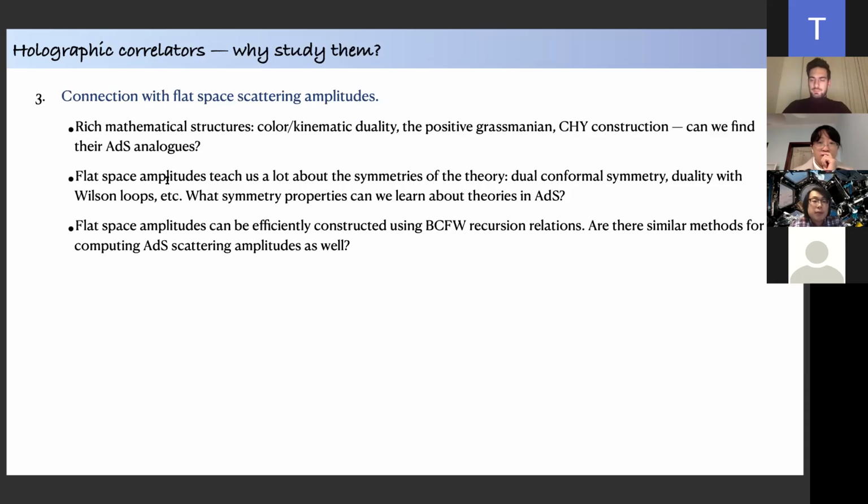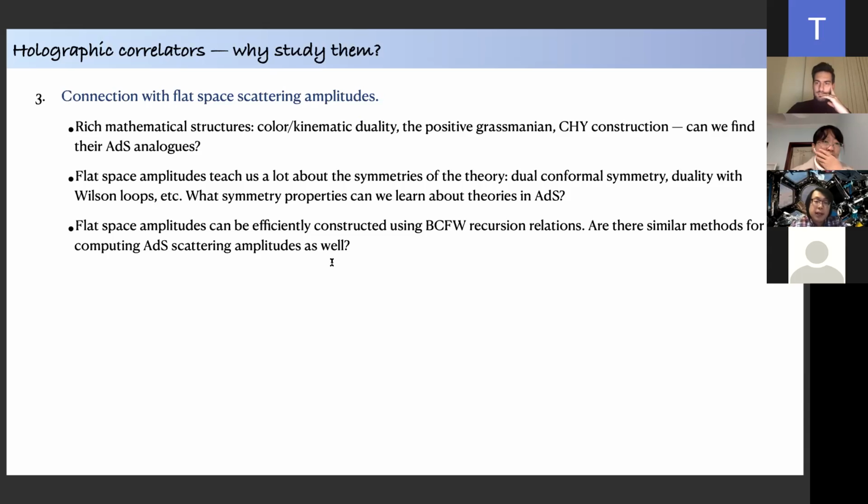The last motivation has to do with the connection with scattering in flat space. So we know in flat space, the scattering amplitudes have very rich mathematical structures. So a very natural question is if we can find similar mathematical structures in these scattering amplitudes in AdS.